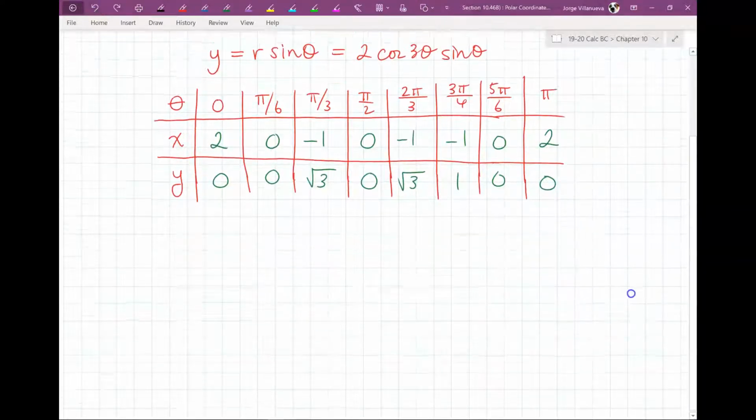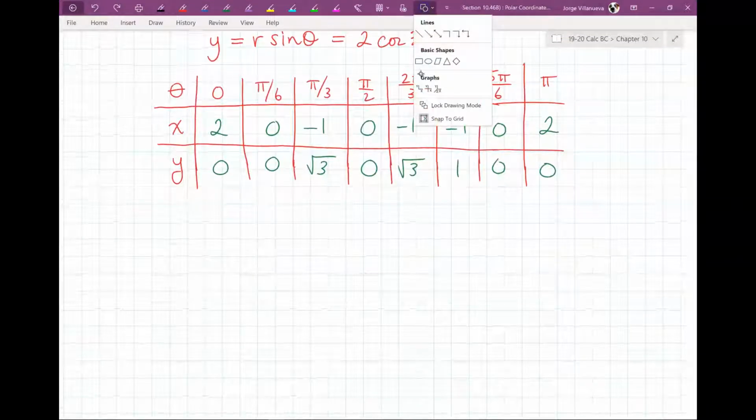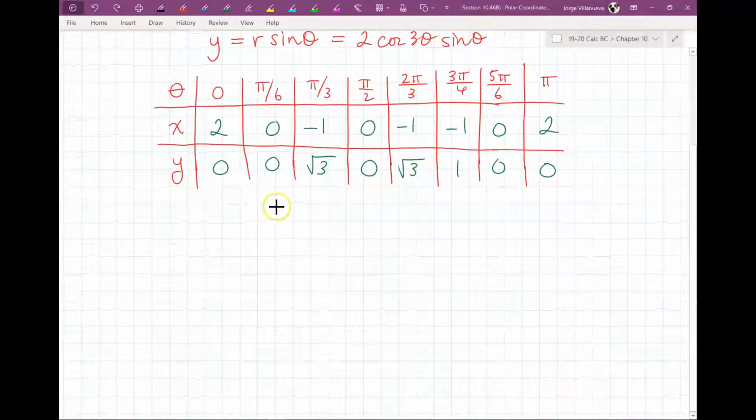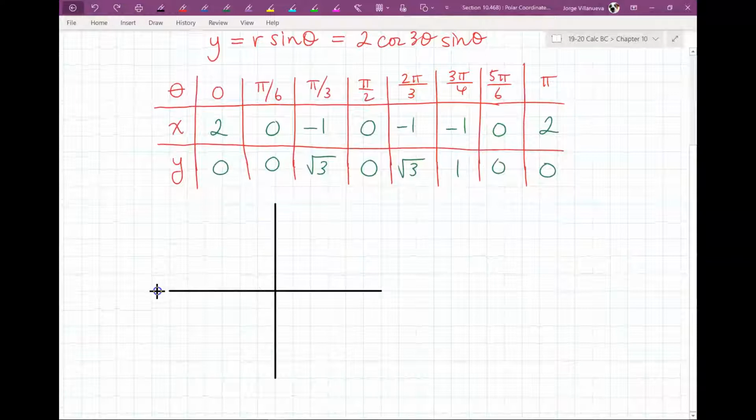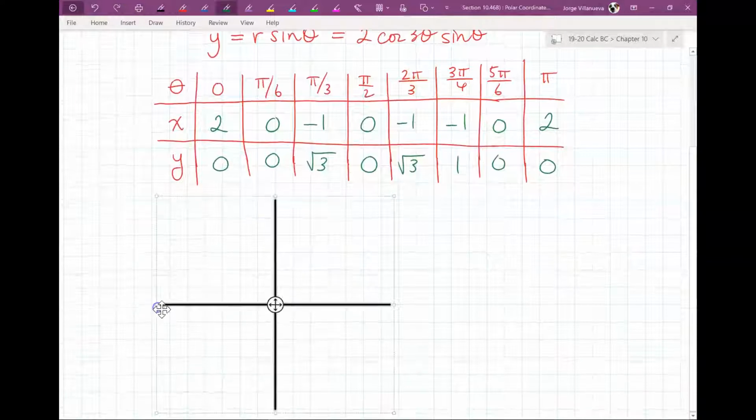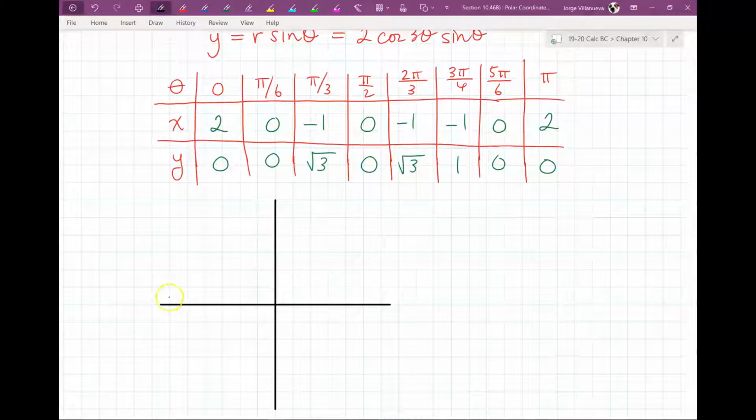I was trying to push this graph up here. And then I'll show you on Desmos and make a couple of observations. But we'll go like 1, 2, 3.